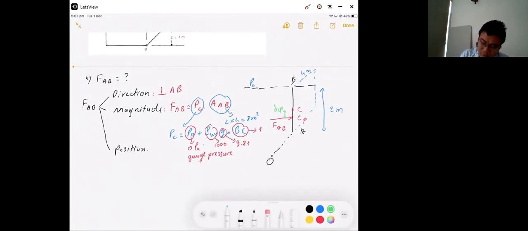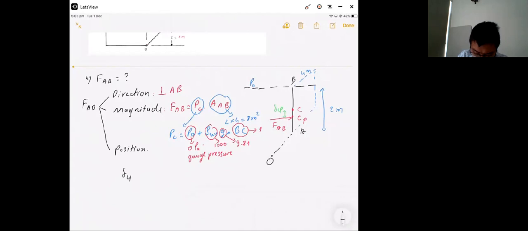To know the position of the force applied to AB, we have to know where CP is. To know where CP is, you have to know delta CP, and the delta CP equation equals IC divided by LC times area AB.